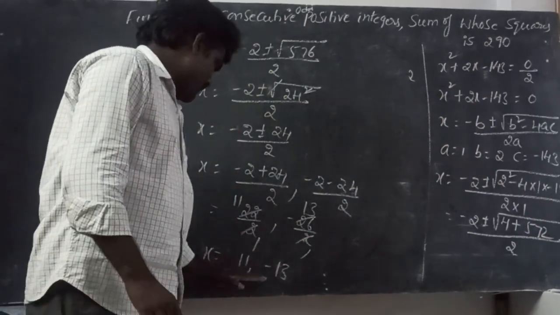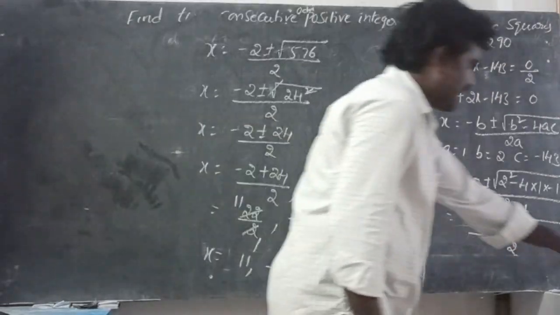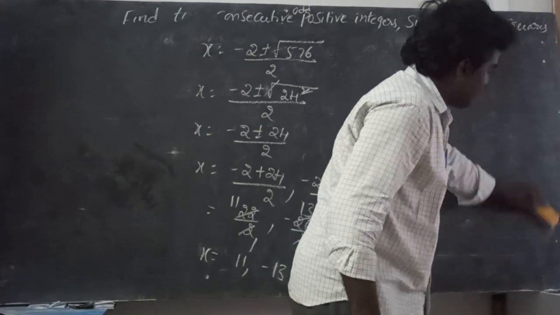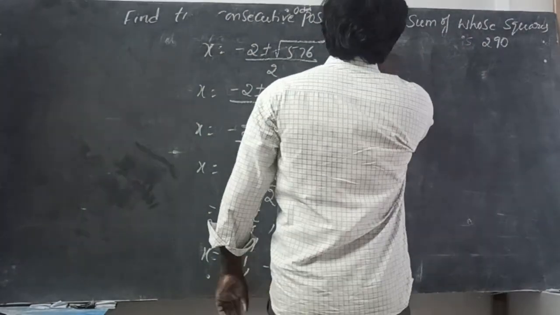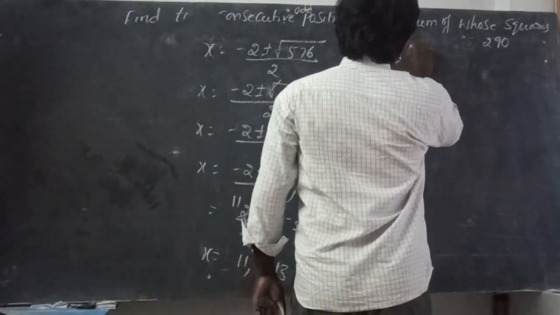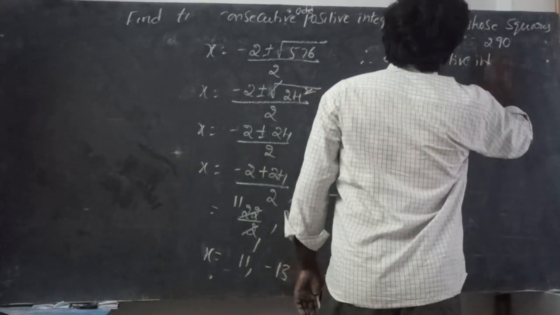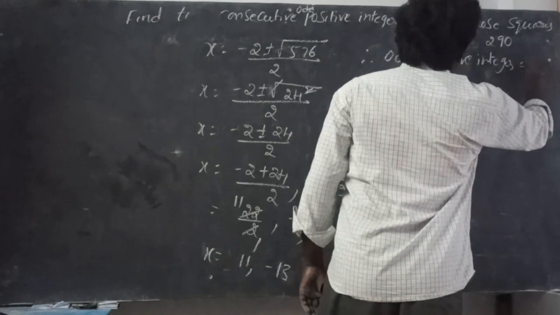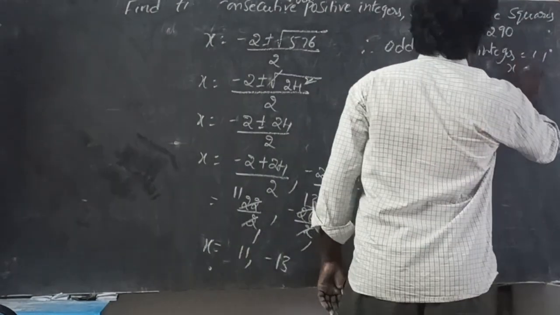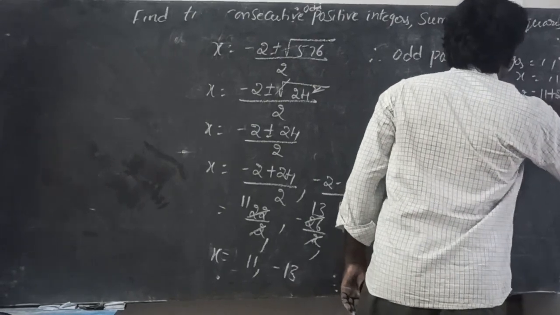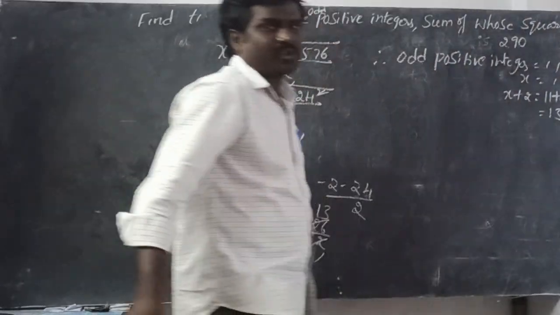They ask for only positive here. So what is the odd positive integer? 11. Its consecutive positive integer, how much? 11 plus 2 is equal to 13.